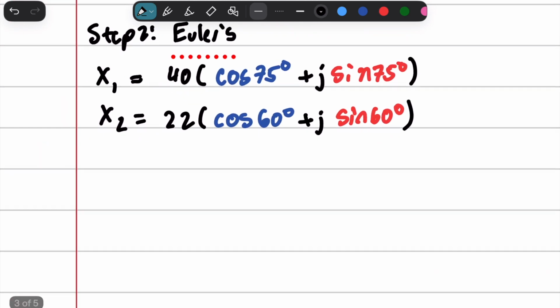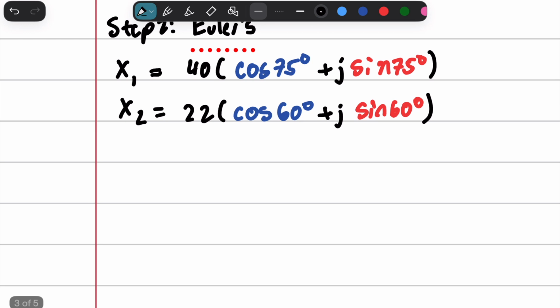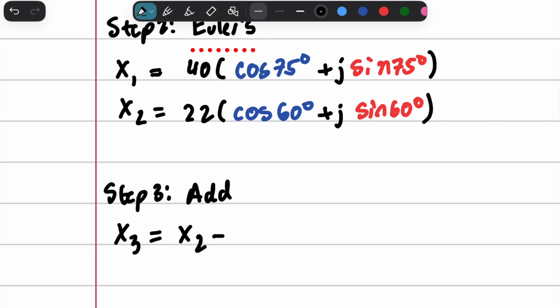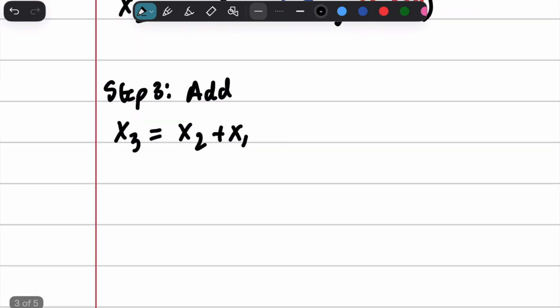Then we can very easily add. X3 is equal to X2 plus X1, or vice versa, it doesn't matter.